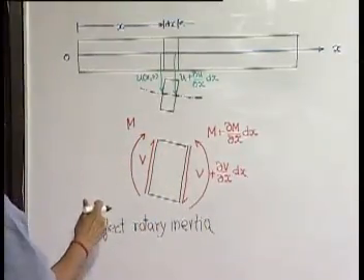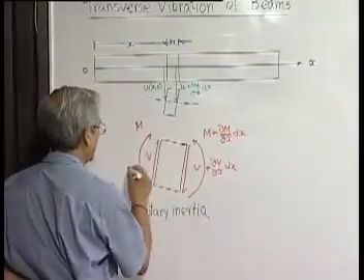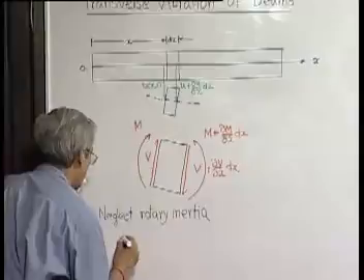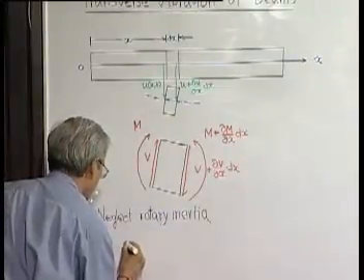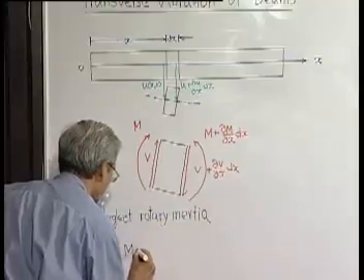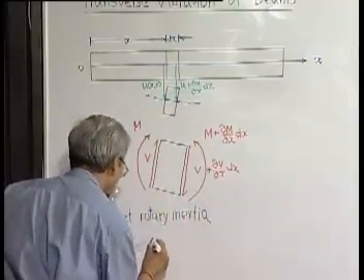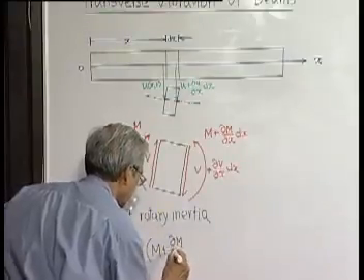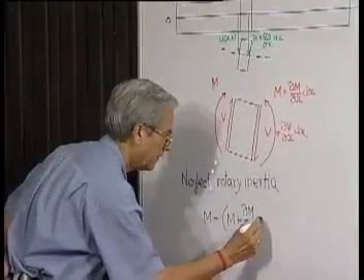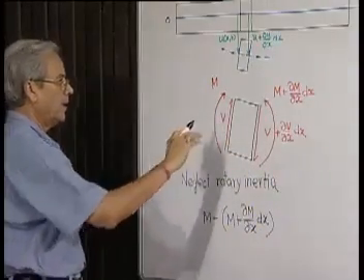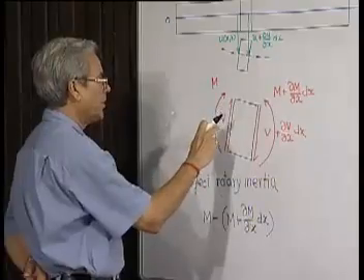Now what is the total moment? If we take the total moment in the clockwise direction, it will be M, minus the anti-clockwise direction, it is M plus del M, that is the moment in the anti-clockwise direction, plus there is a clockwise moment because of the two V's.